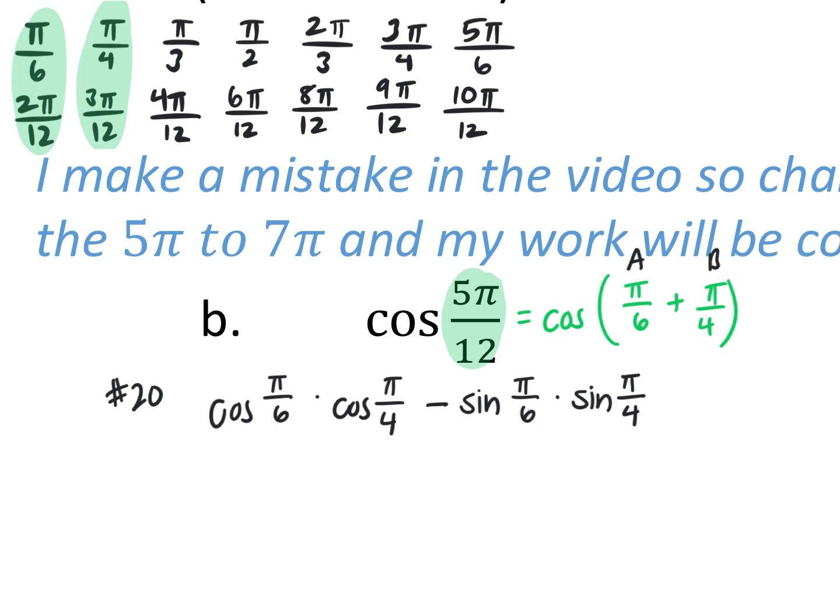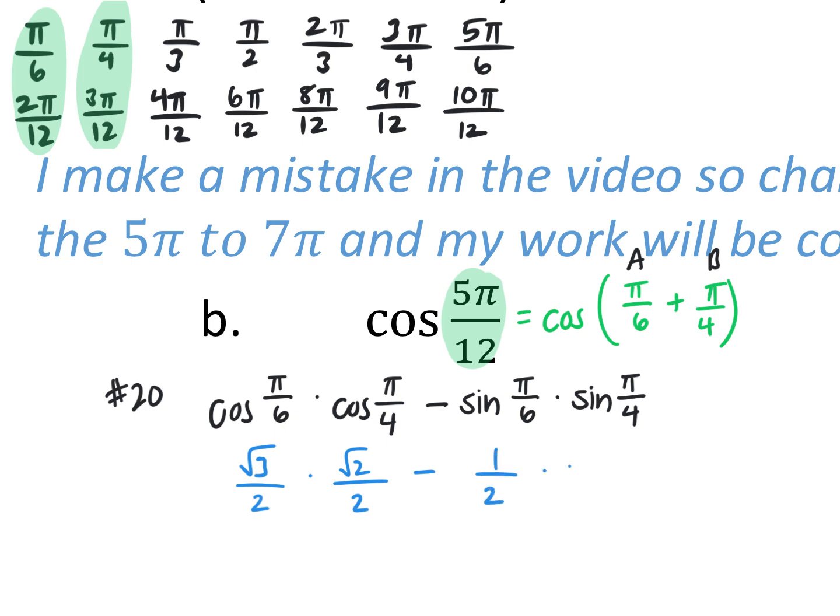Okay, so now we've got to simplify this stuff. On the back side, cosine of pi over 6, go ahead and shout that out. What's cosine of pi over 6? Square root of 3 over 2. Cosine of pi over 4? Square root of 2 over 2. Minus sine of pi over 6? 1/2.